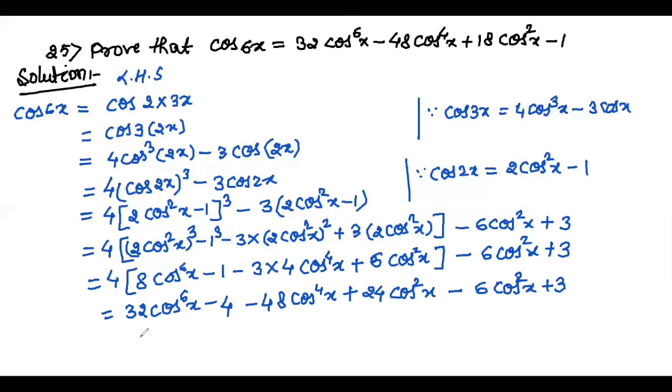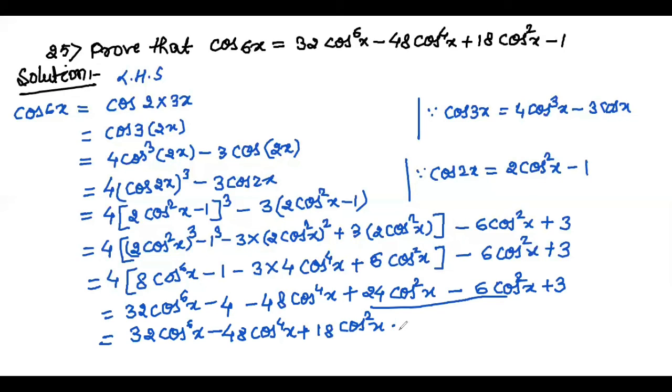So we have 32 cos to the power 6 x minus 48 cos to the power 4 x. Now from these two terms we can get 24 minus 6, that will be 18, plus 18 cos square x, and minus 4 plus 3, that is minus 1, and this is equal to the right hand side.